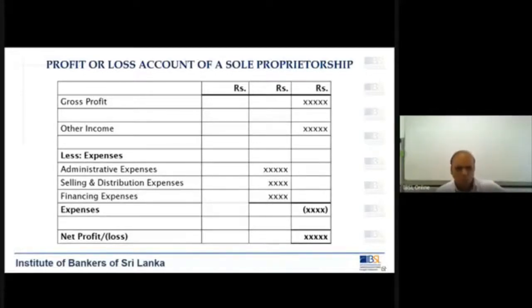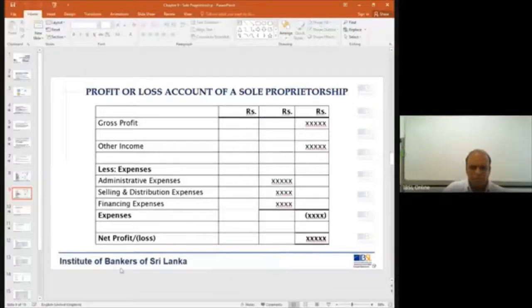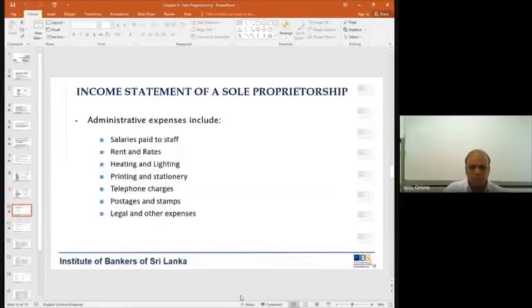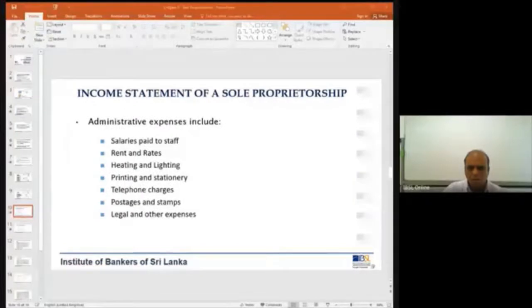And also you will have the financing expenses. So altogether, you have three types of expenses that are covered under the profit or loss account. Let me show you on the board how this works.